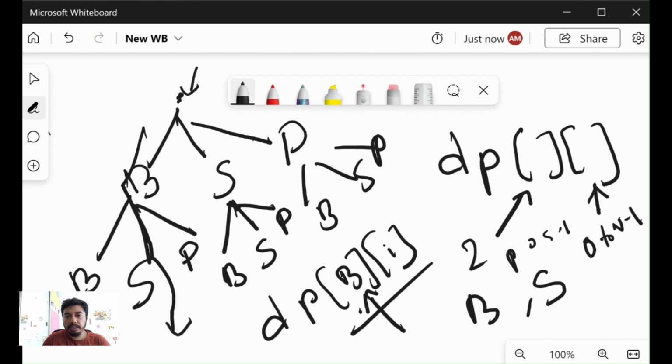This position denotes what my last activity is. If my last activity was buy, I will put B here. If my last activity was sell, I will put S here. And this value is the maximum profit I could have made by doing my last activity as a buy activity from day 0 to i.